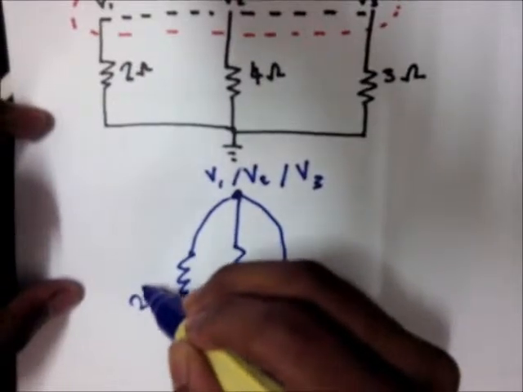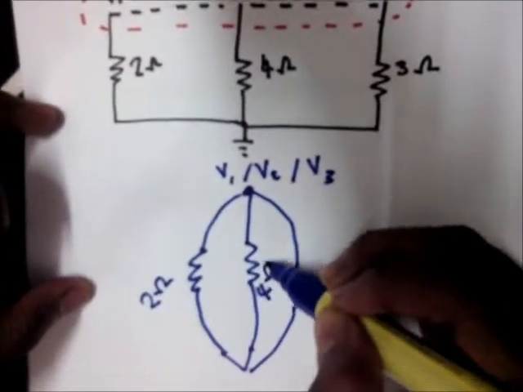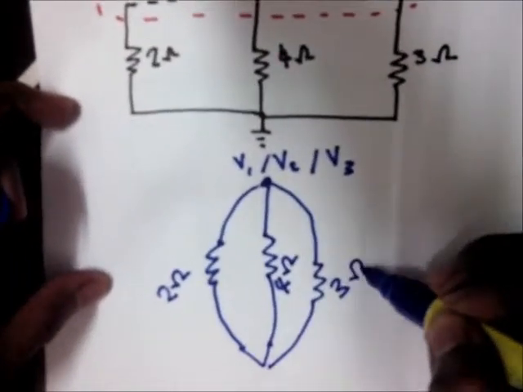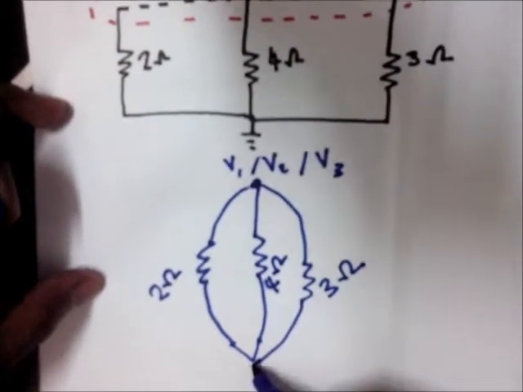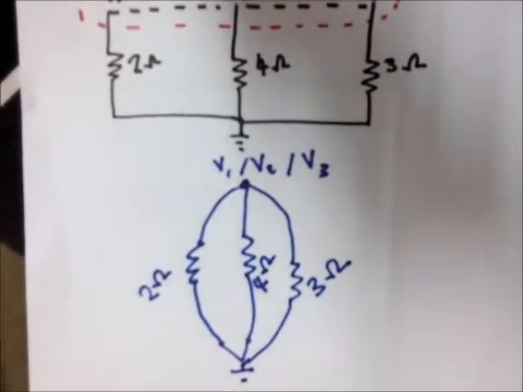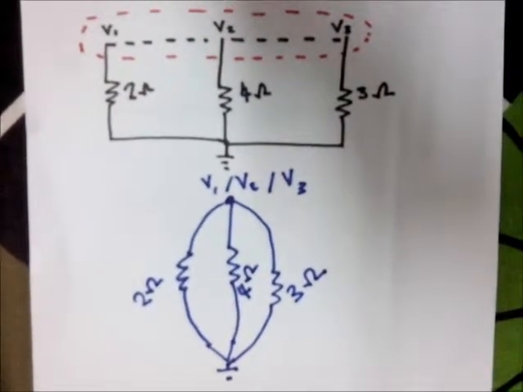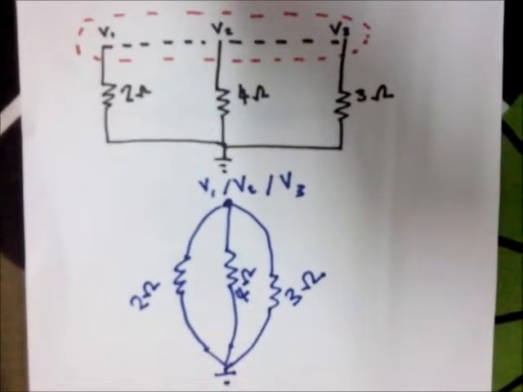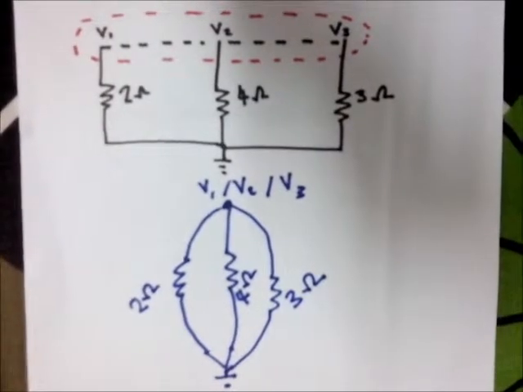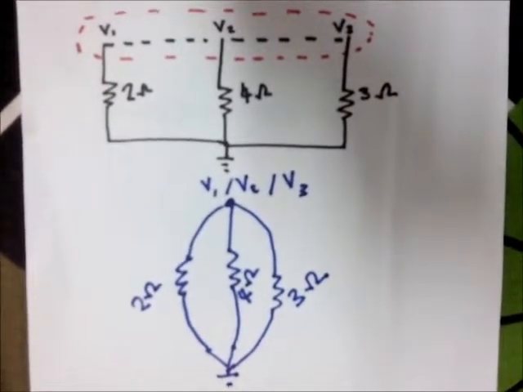Two ohms, 4 ohms, 3 ohms. This is just for us to see simply that the 2 ohm, 4 ohm, 3 ohm resistors are connected at the same node but give different terms in the equation.